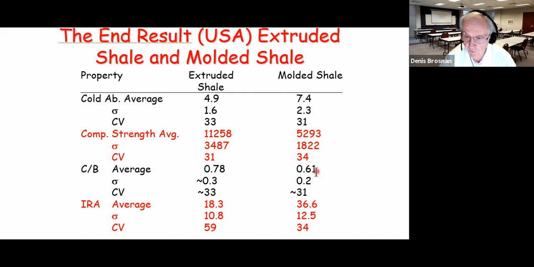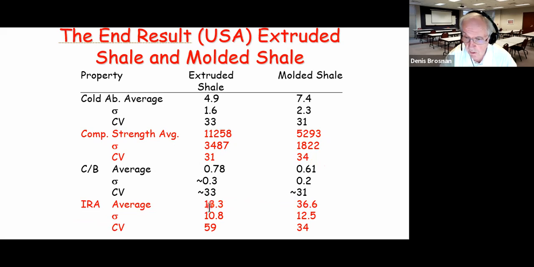Molded bricks, because of the higher moisture content, have fewer finer pores, more larger pores, and their C over B is less. The initial rate of absorption, that's the rate of absorption in a very thin water bed, is a lot higher for molded shale than it is for extruded shale.